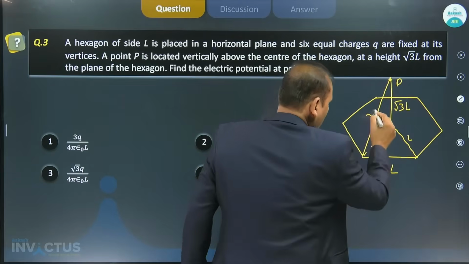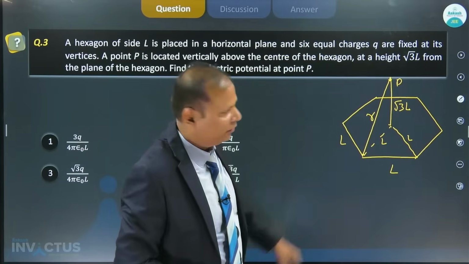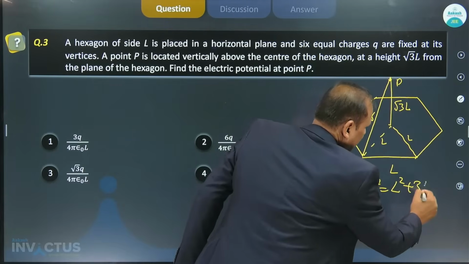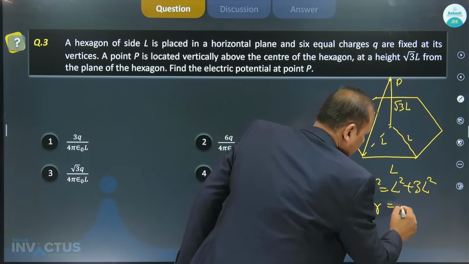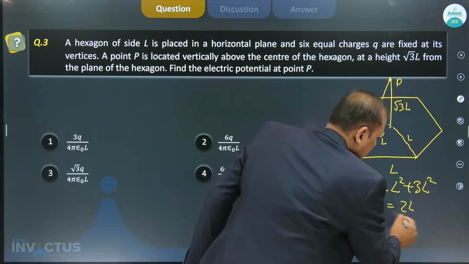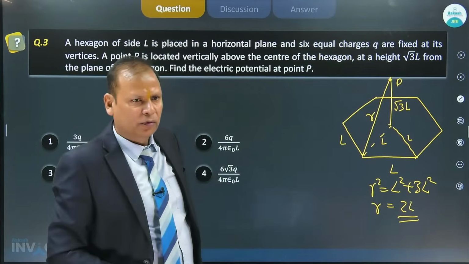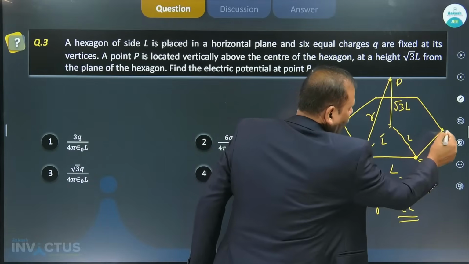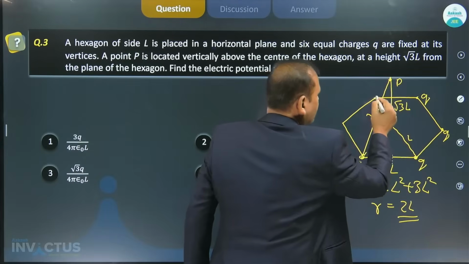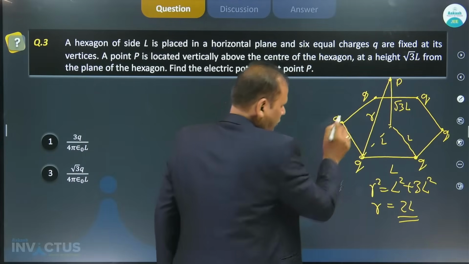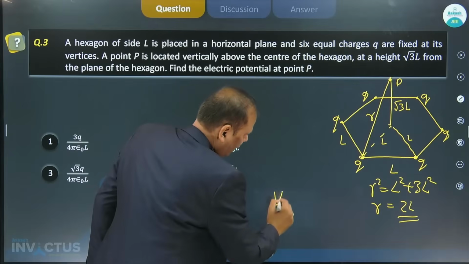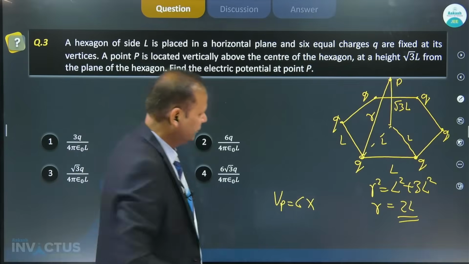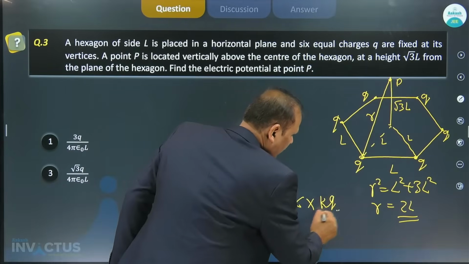So let us call this distance R. So R square is equal to L square plus 3L square, that is R is equal to 2L. All the 6 corners have equal charge Q placed. So Vp is equal to 6 into the potential due to a single charge, K Q by 2L.